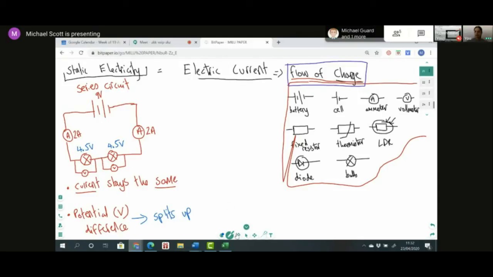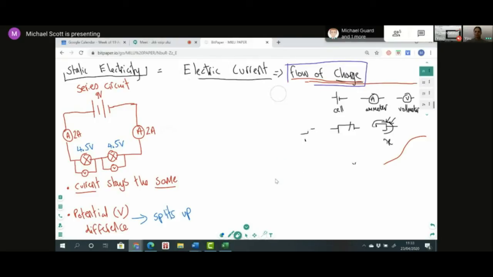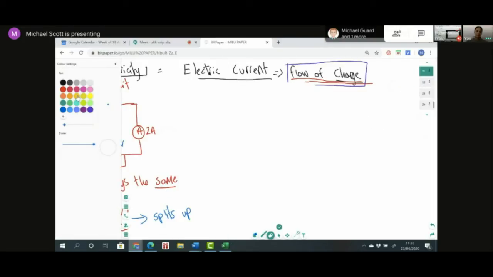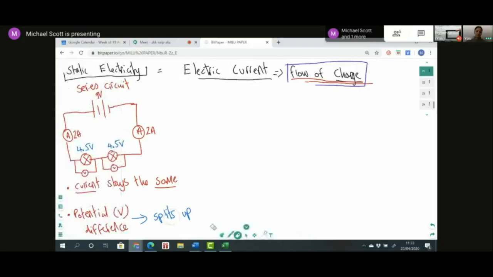Now we're going to compare this to a parallel circuit. I'm just going to rub out these components now. Another interesting point to add here, guys, is that in a series circuit, let's say this light bulb here broke.